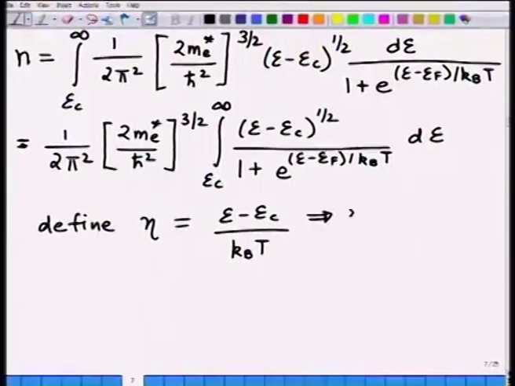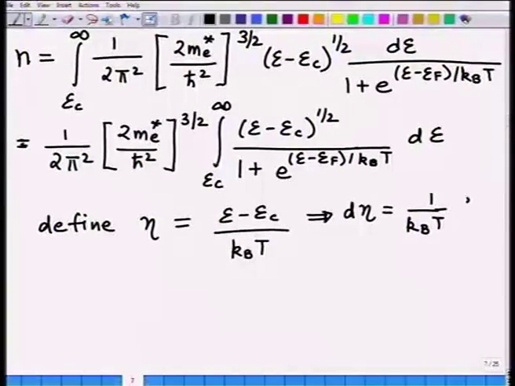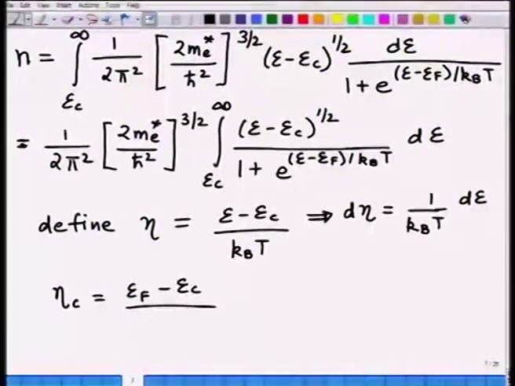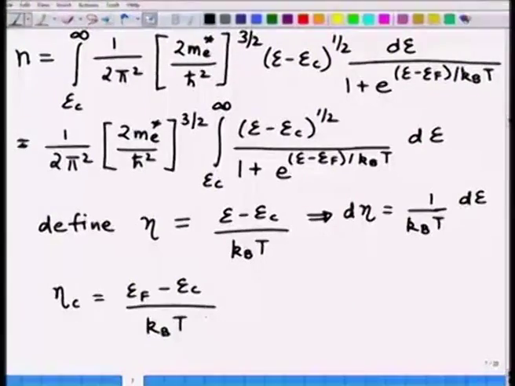That implies d eta is equal to 1 by KBT dE. EC of course is a constant. Then we are going to define a quantity eta C, which is equal to EF minus EC by KBT.